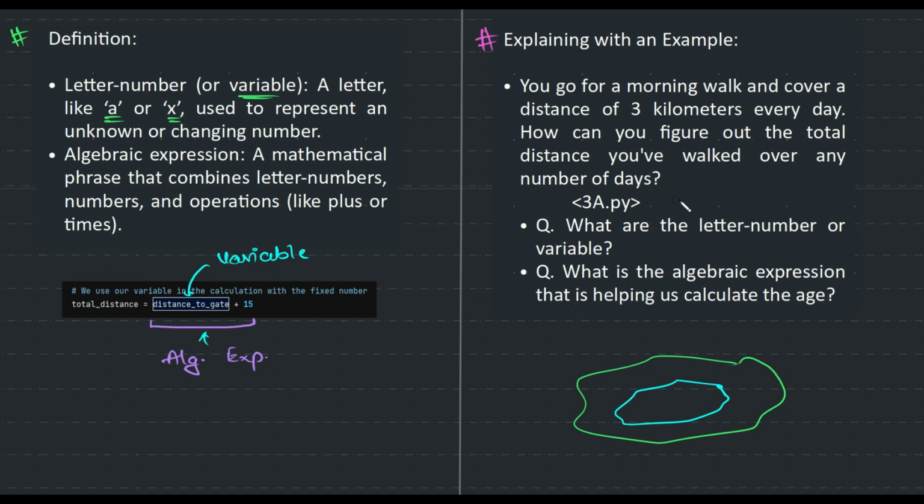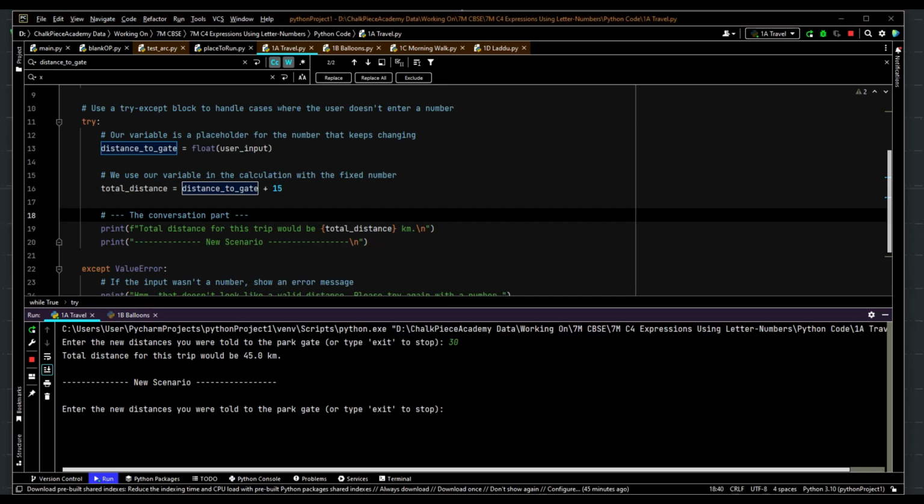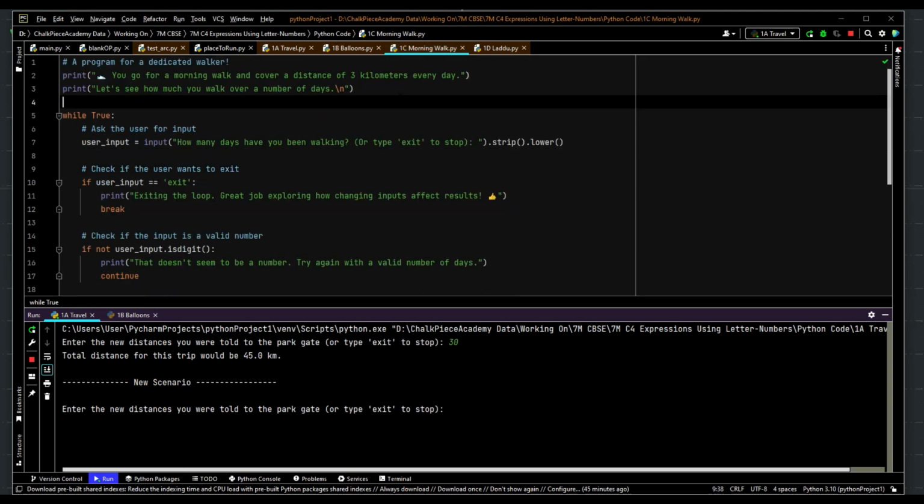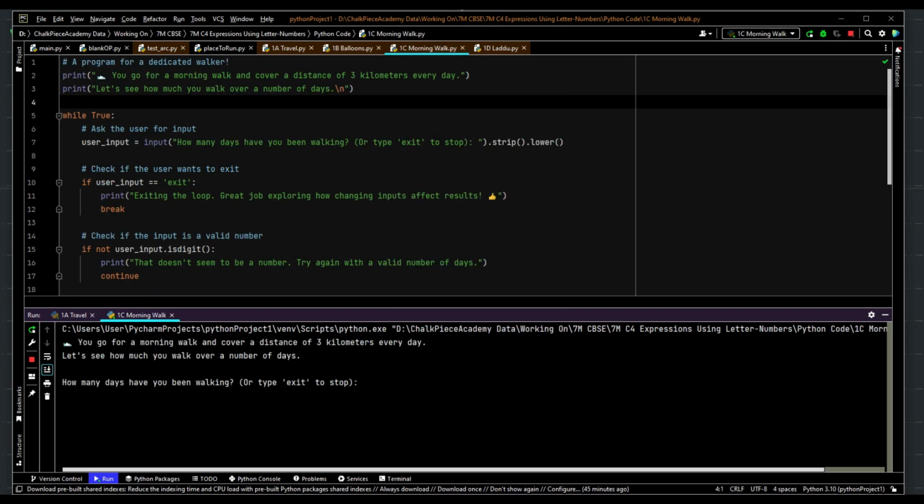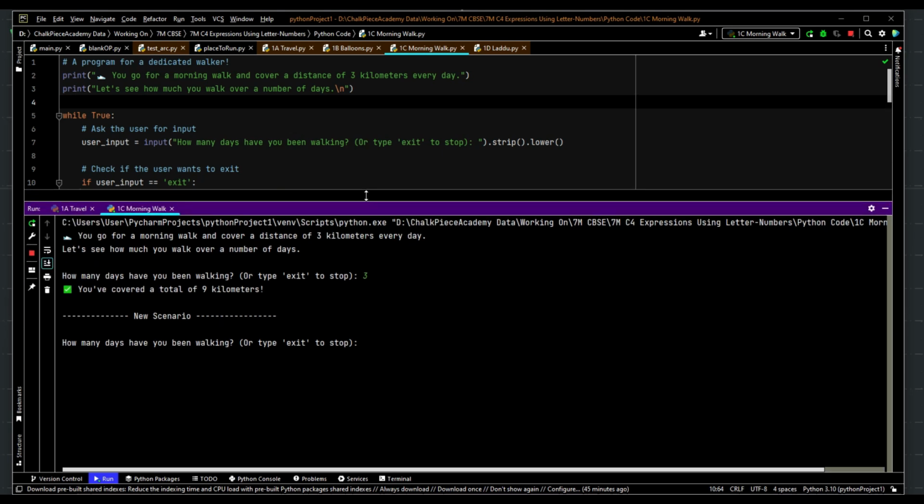Okay. So how will you figure out the total distance you have walked over any number of days? Let me put it in this way. Say I happen to walk for 3 days. The total distance walked by me is 9 kilometers.